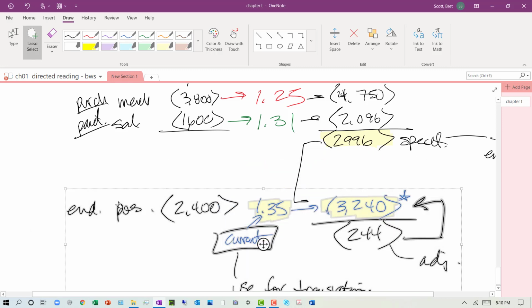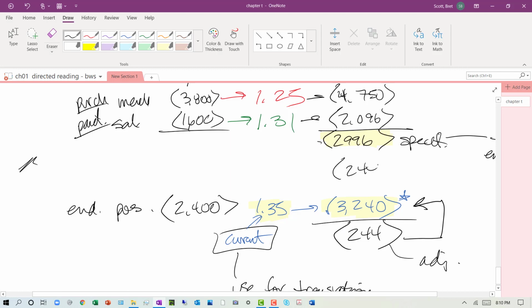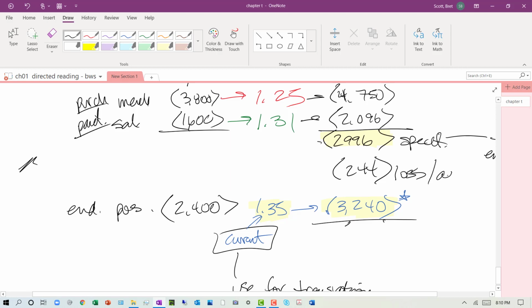There we go. Move this down a little bit here. Probably will help to say, look, my adjustment that I need is another 244. This is my loss adjustment to get me to what I'm going to report.